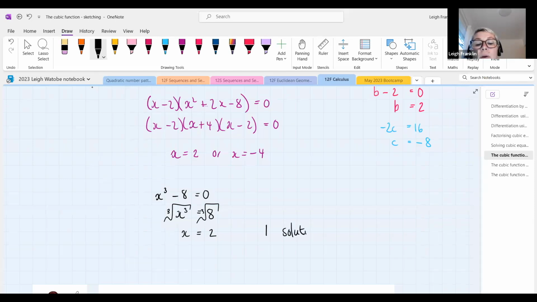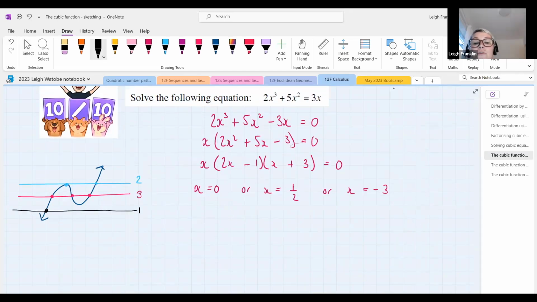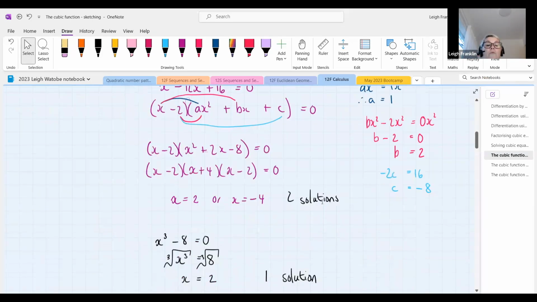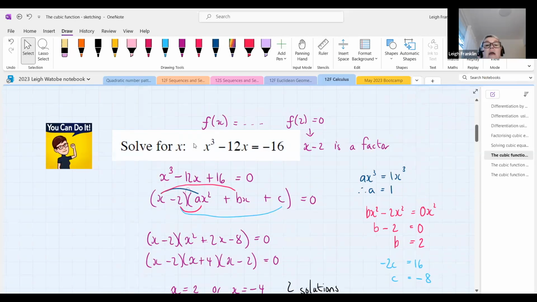So that cubic only has one solution. This one has 2 solutions. The first one that we looked at had 3 distinct solutions. So you're expecting a maximum of 3, a minimum of 1, but possibly 2 solutions as well when you are solving a cubic equation.